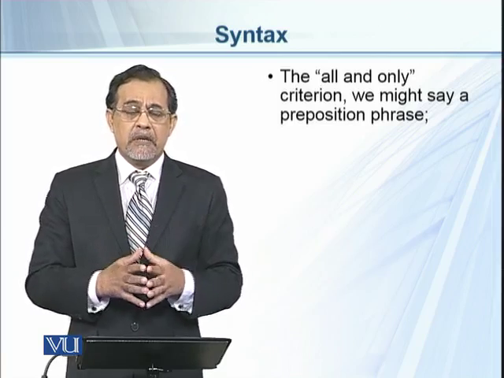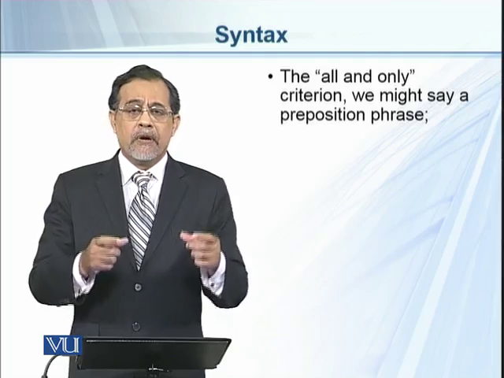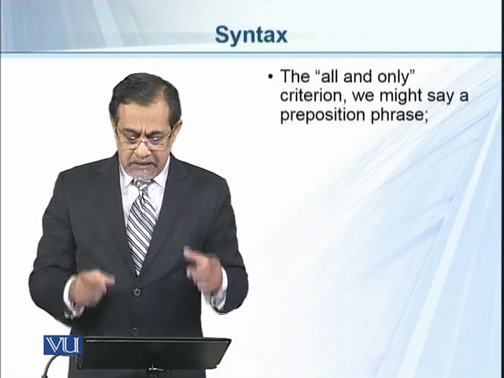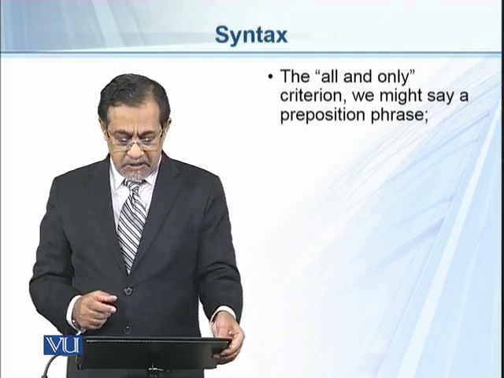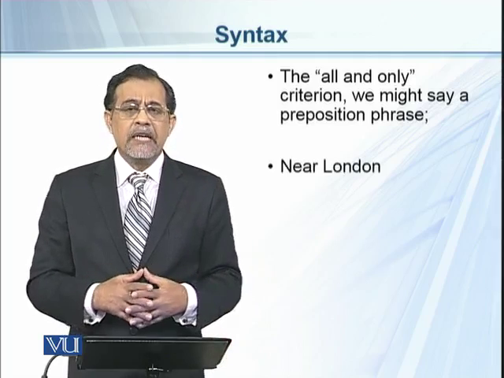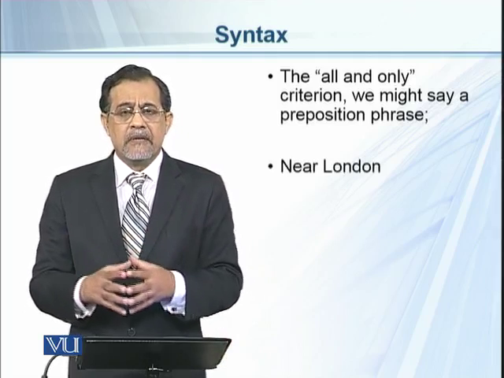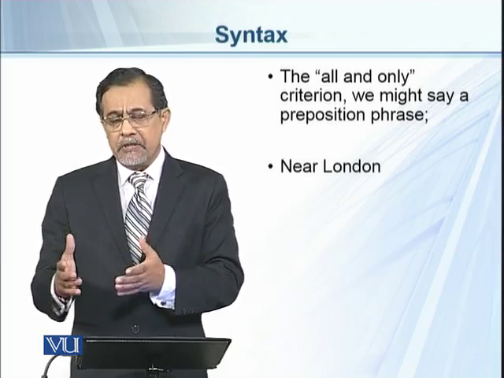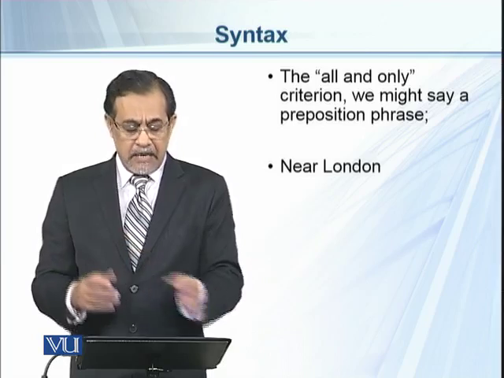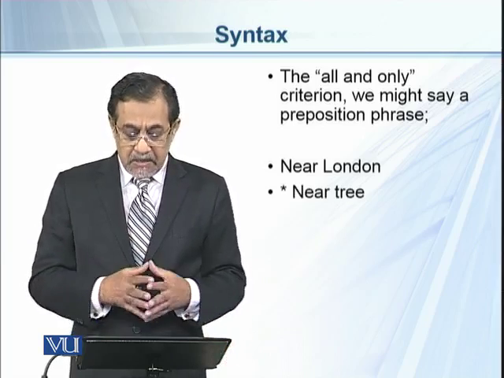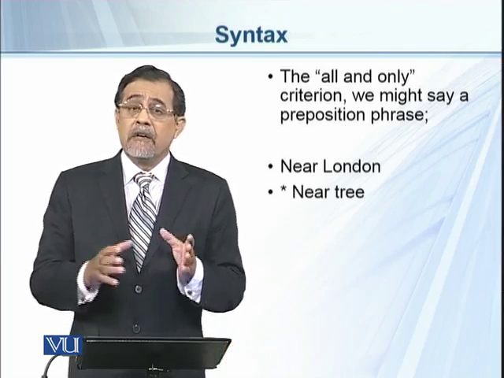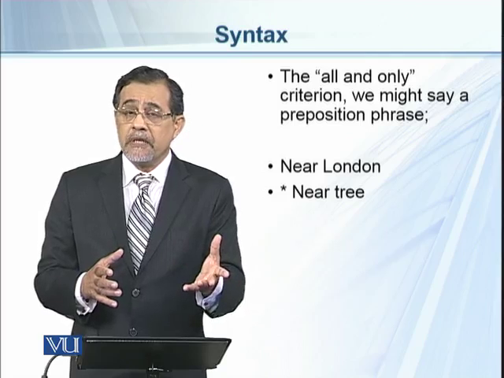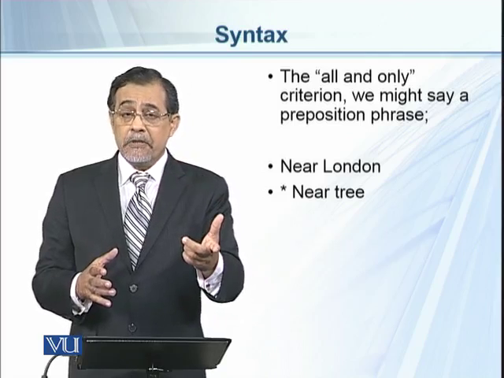For example, if we get a rule for a prepositional phrase, we get a phrase near London, right? It's a prepositional phrase because near is a preposition and London is a noun. But near tree won't be a correct prepositional phrase.